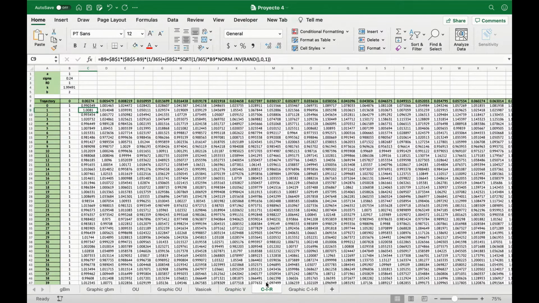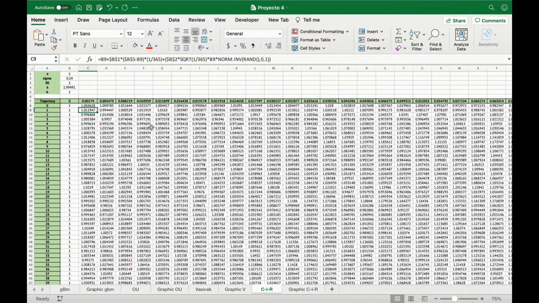And finally, we did all the same for the Cox-Ingersoll-Ross model. And here it's pretty much the same as the stochastic model, because we have to assign the values of A, B, R0, and sigma, and the formula is pretty much the same. The only thing that changes is this multiplication of the previous value times the error.